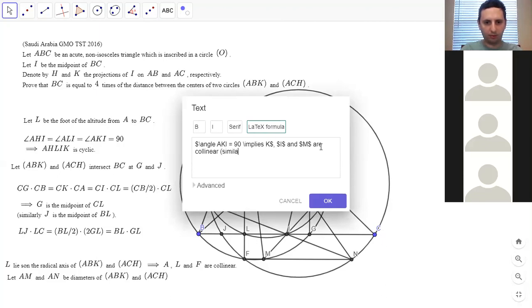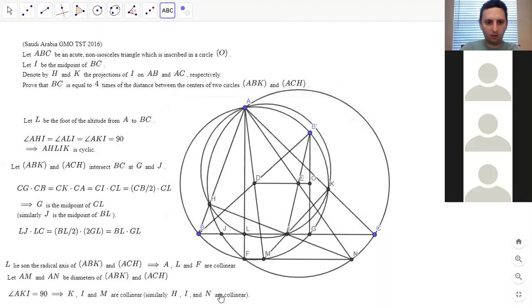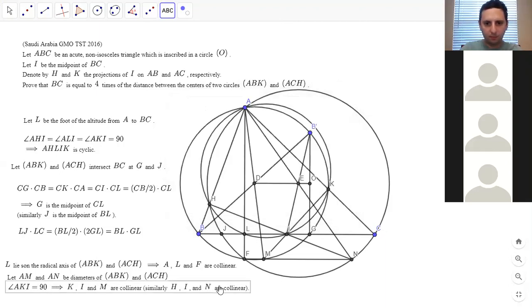And then similarly, HI and N are collinear. And it's not hard to show that.